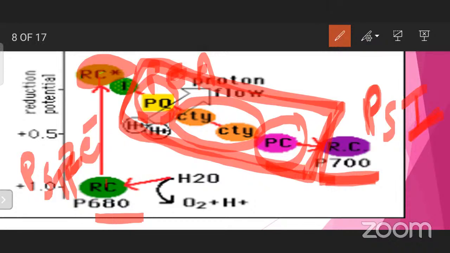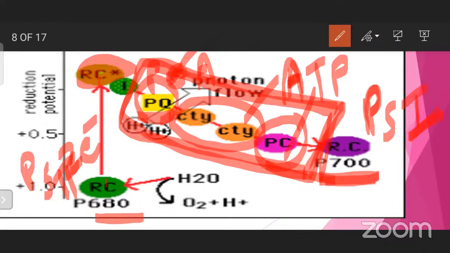When the transport is taking place from plastoquinone to cytochrome to plastocyanin, ATP synthesis will be taking place here, due to the energy getting liberated from that electron.